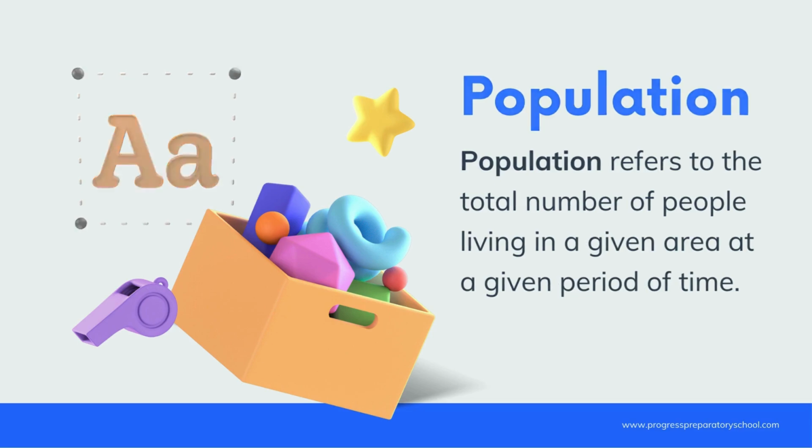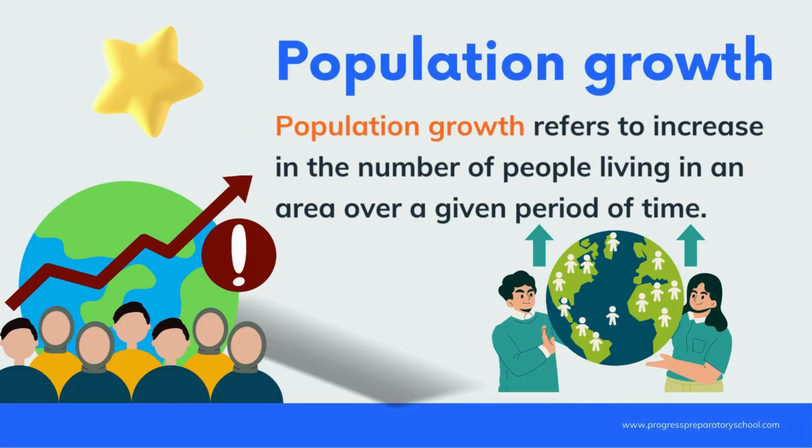The increase in the number of people living in an area over a given period of time is referred to as population growth. So in other words, population growth is the increase in the number of people living in an area over a given period of time.